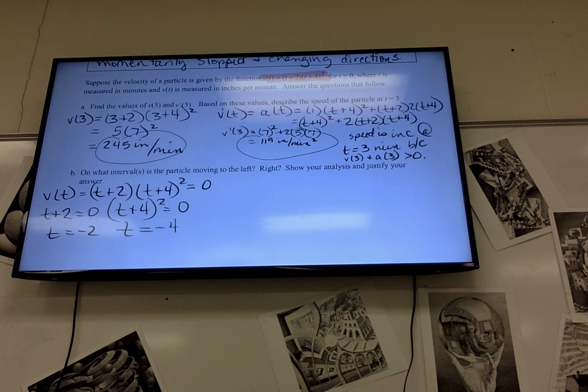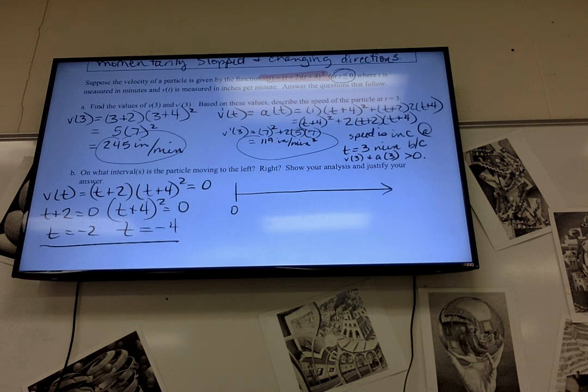And this only makes sense for this problem as velocity. Time can only be greater than or equal to 0. Here's our number line. So we can't really have t equaling negative.